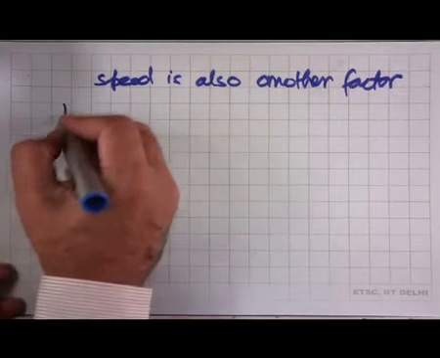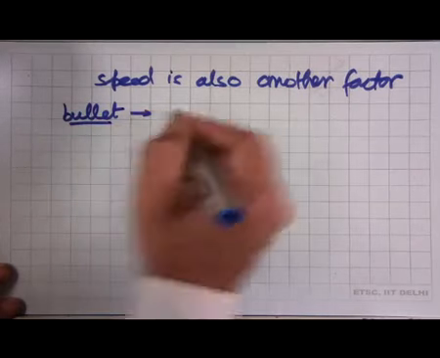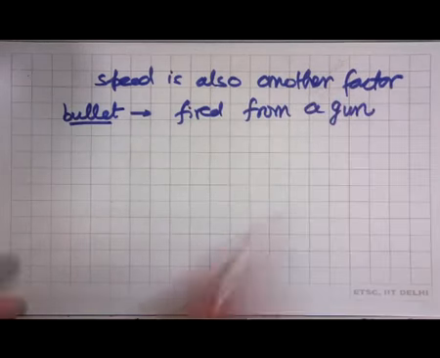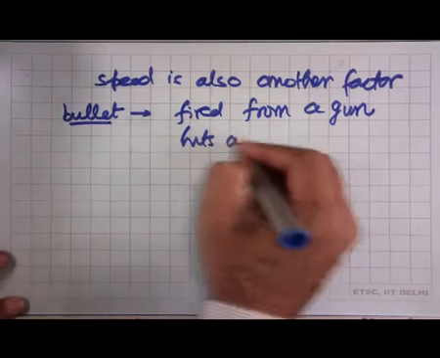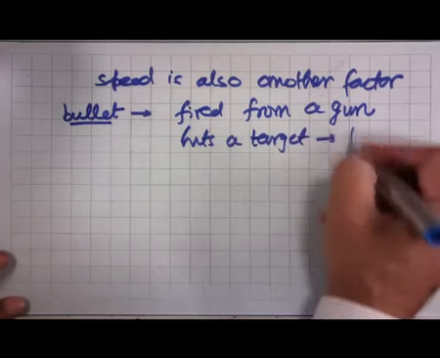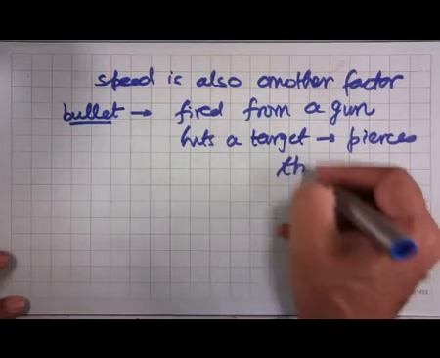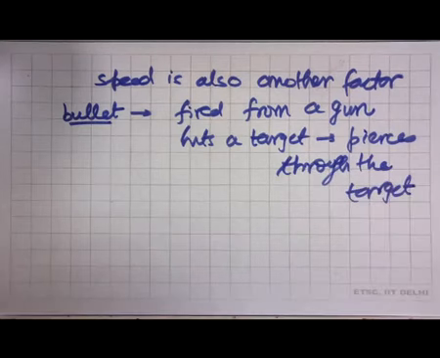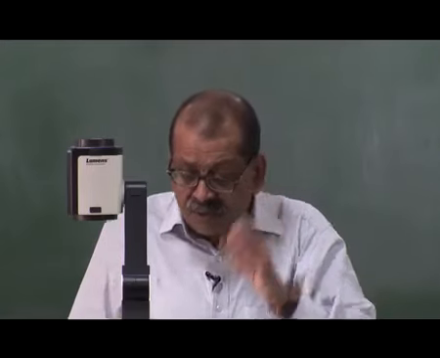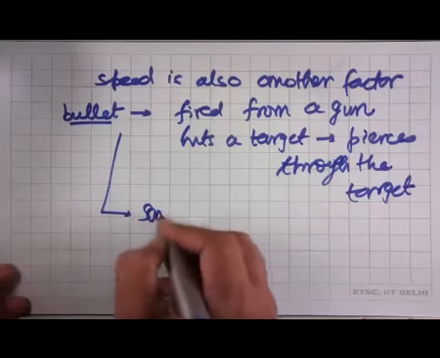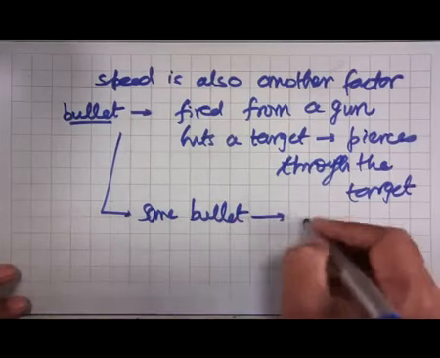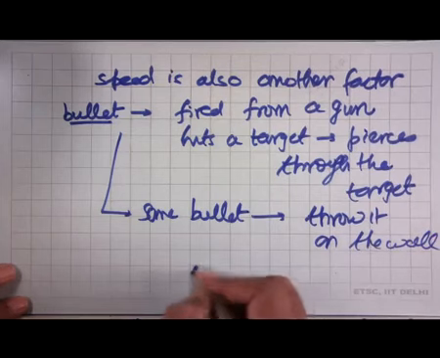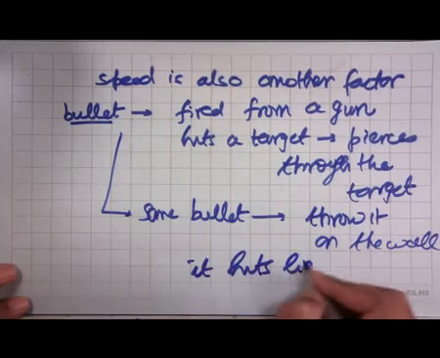Let us think of a bullet. A bullet fired from a gun, when this hits a target, it pierces through the target, or if the target is very strong or very thick, it gets stuck in it. Whereas, the same bullet, if I take it in my hand and throw it on the wall, it hits lightly.